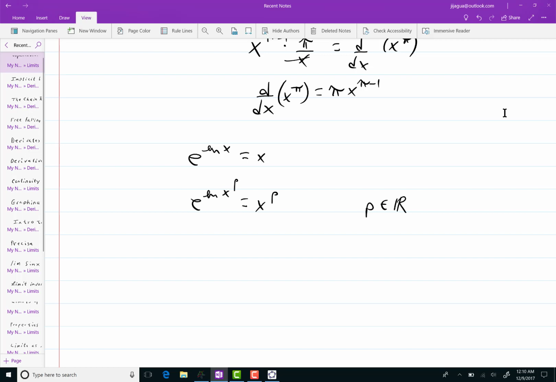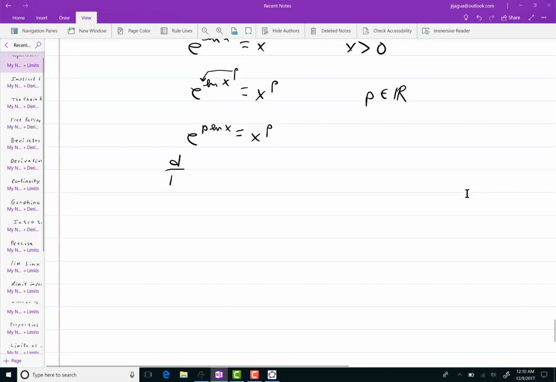Hopefully you can see that e to the ln x to the p is equal to x to the p. I'm going to do essentially the same thing I did before. I'm going to deal with x as being positive when I'm dealing with these powers. I'm going to take the derivative of both sides after I take the p and put it in front of ln of x.